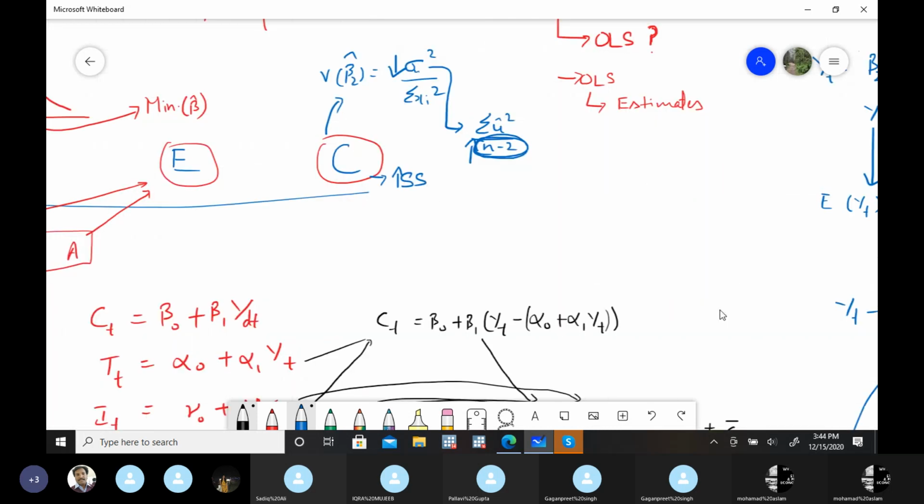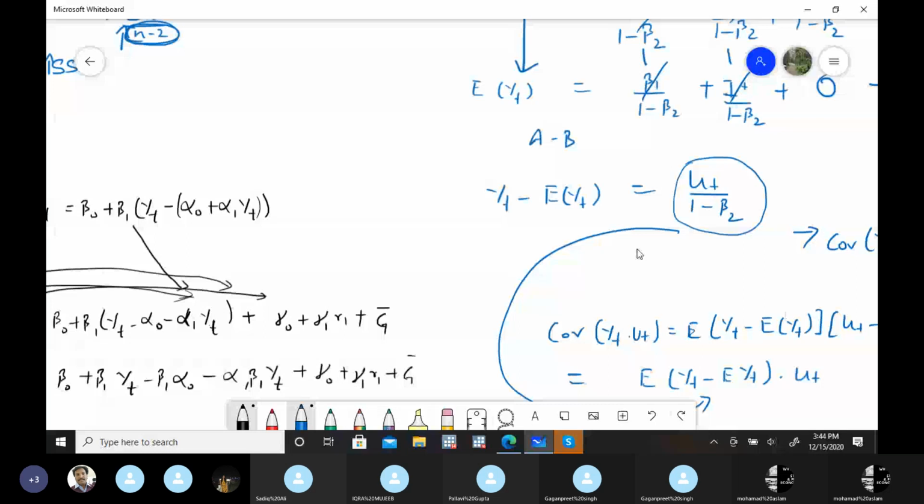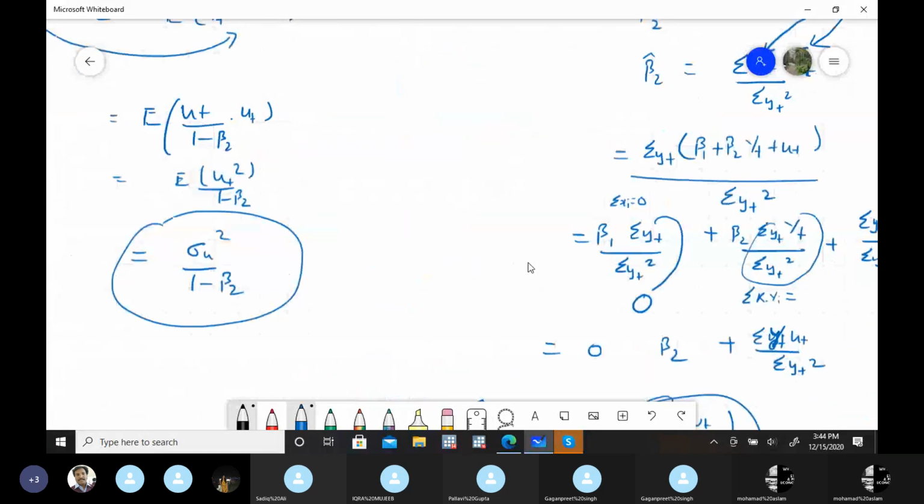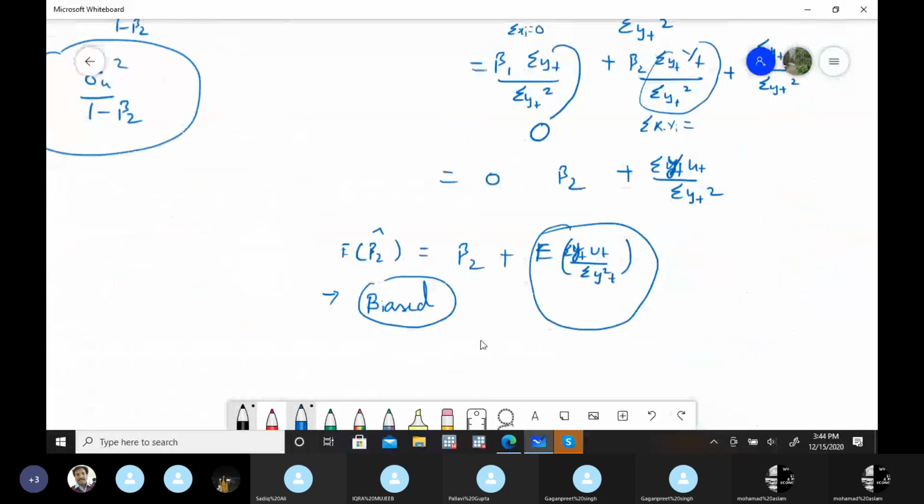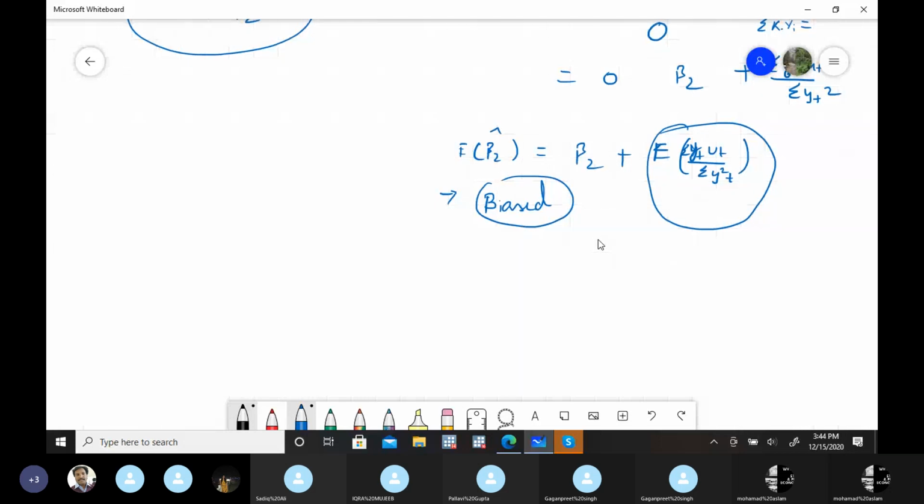Now we have to check whether this problem will resolve if we increase the sample size. So for that, just put values in these equations.